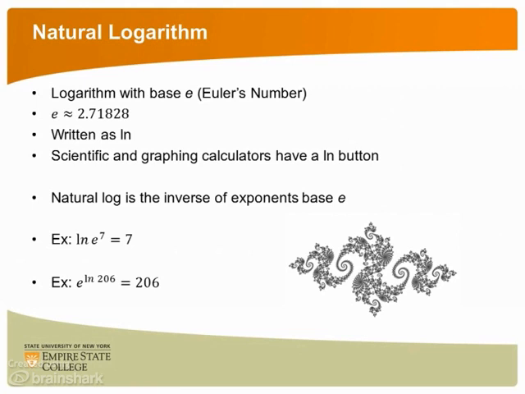Like the common logarithm and 10 raised to a power cancel each other out, the natural logarithm and e raised to a power cancel each other out. For example, the natural log of e raised to the 7th power would equal 7. As before, the reverse is also true. e raised to the natural log also cancels out. So e raised to the natural log of 206 would equal 206.